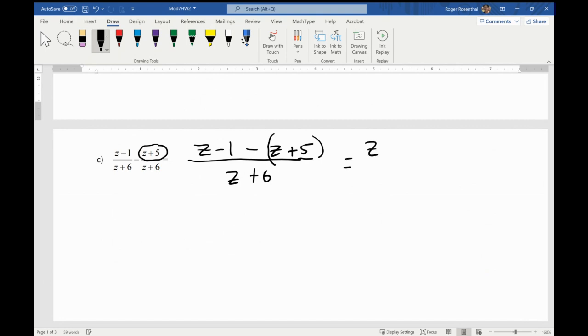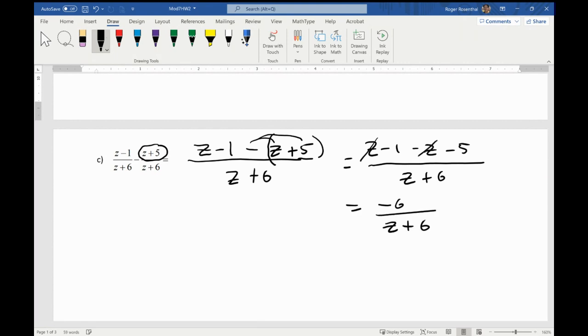This gives us z minus 1. Distributing the minus gives us minus z minus 5 all over z plus 6. The z and the negative z cancel, so you get negative 6 over z plus 6. There's nothing more you can do here, and you are done.